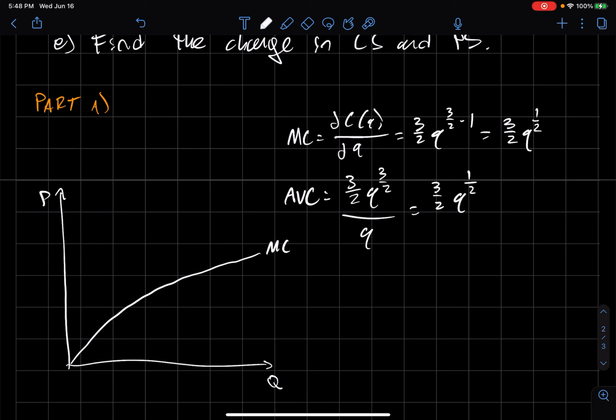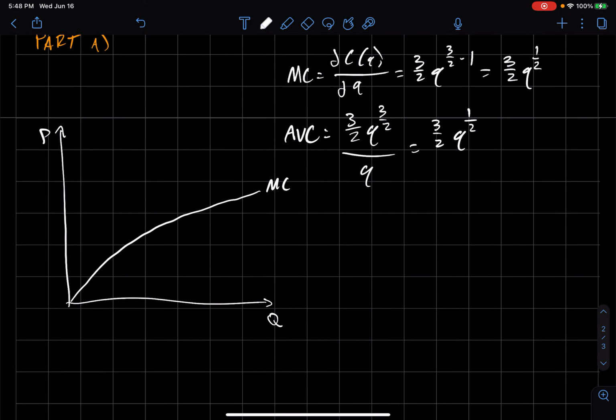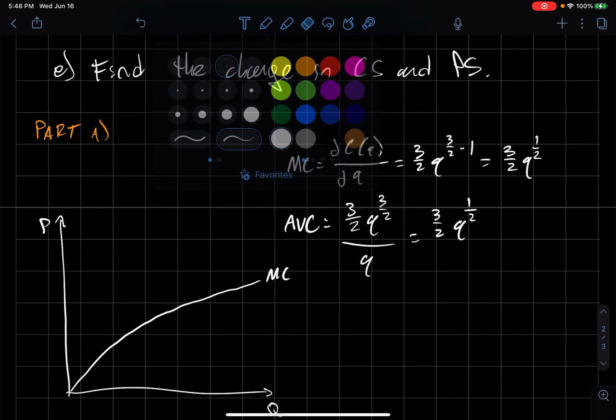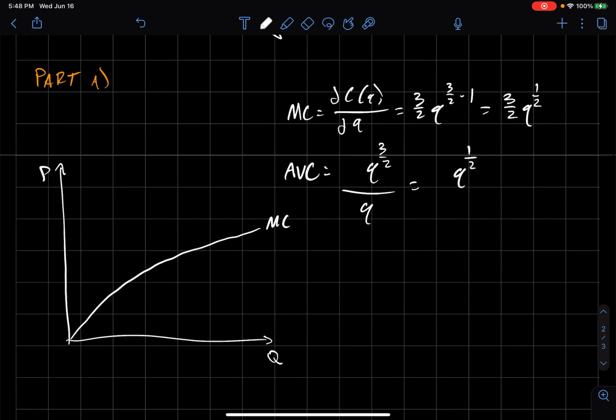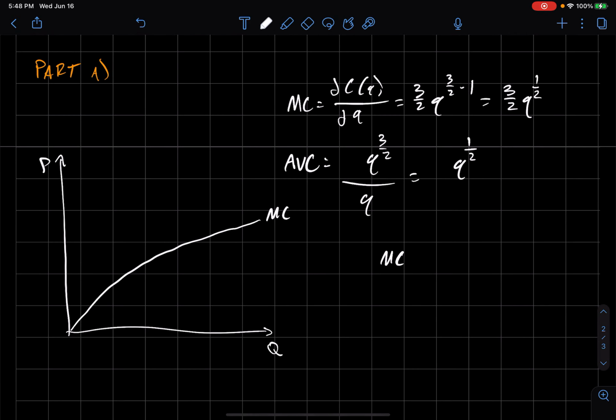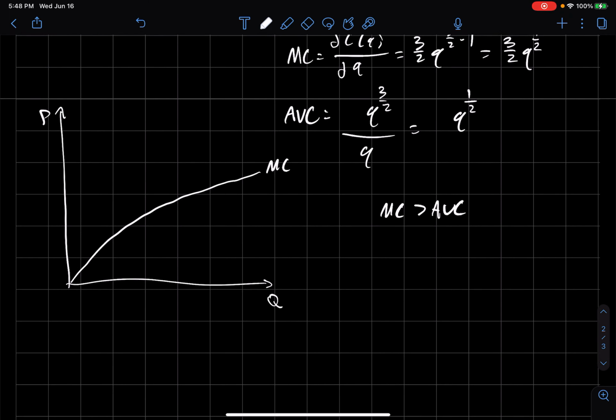Okay, I did this wrong. This 3/2 doesn't show up in our average variable cost. We're just dividing that last element by Q. Okay, so this is nice because you can probably already see that MC is always greater than AVC, and we don't have to deal with the shutdown condition. So this is actually very nice for us.